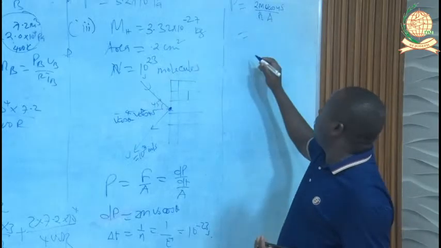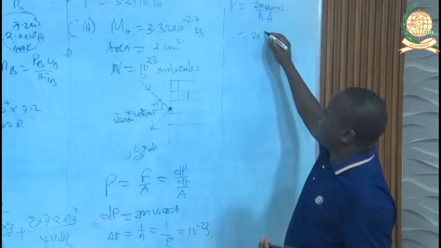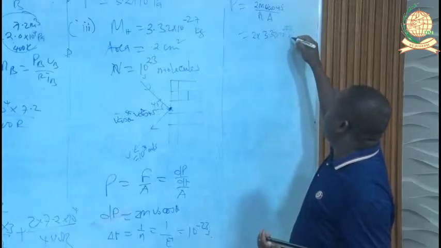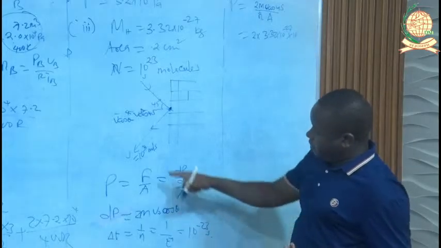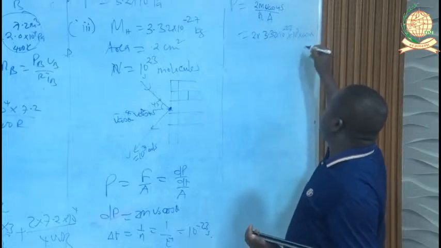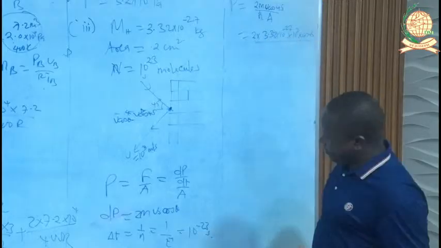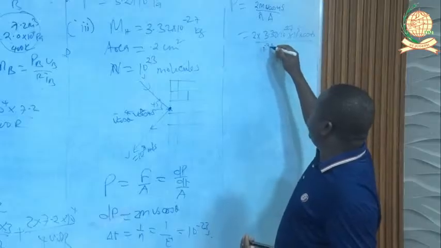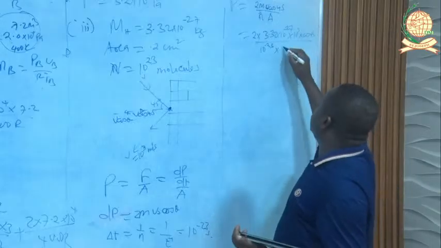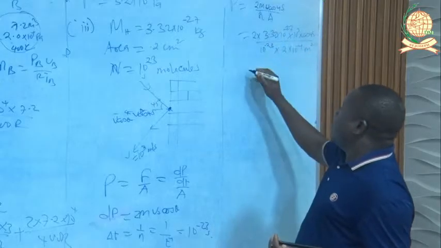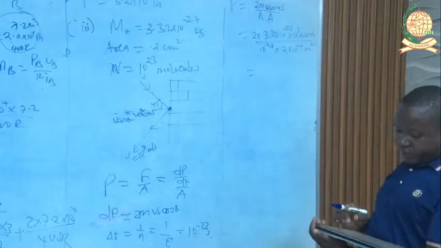So everything I have: 2 is there, mass is 3.2 times 10 negative 27, velocity is 10 exponent 3, and the cosine of 45, divided by 10 negative 23, and the area is 2 centimeter square, which is equal to 2 times 10 negative 4 meter square.